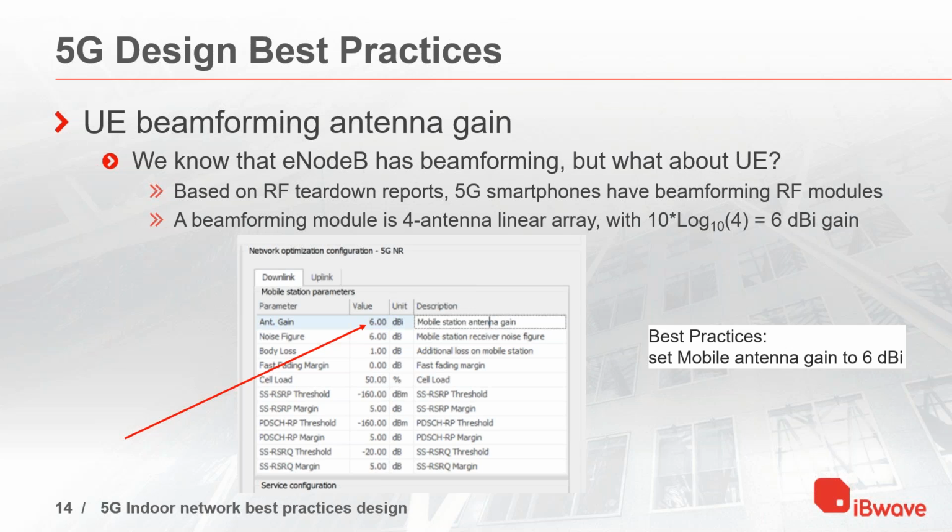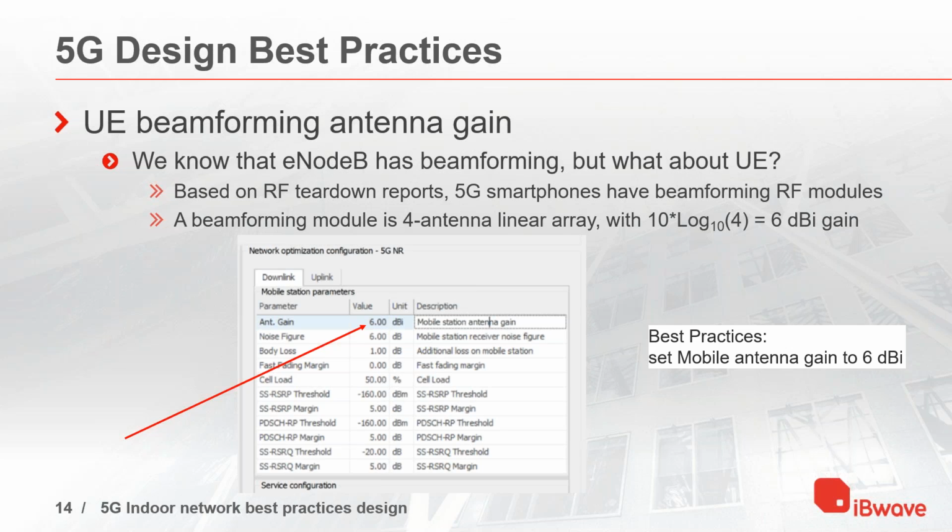The information that I have gotten is from teardown reports on iPhone and what Samsung has said in some public presentations. But the bottom line is that both of those manufacturers, Apple and Samsung, have 2 RF modules at millimeter wave frequencies.